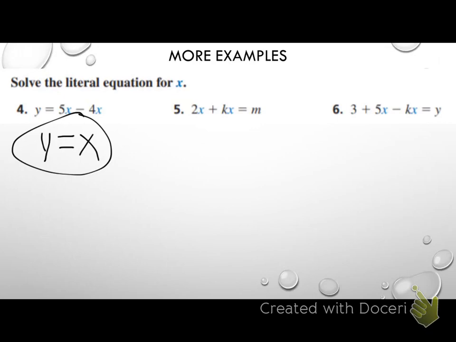No. That second term has another variable with it of k. Does 2x have k in it? No. So we're going to have to do something similar to 2 examples ago. Which variable do these 2 terms have in common? X, I'm going to factor out that x.